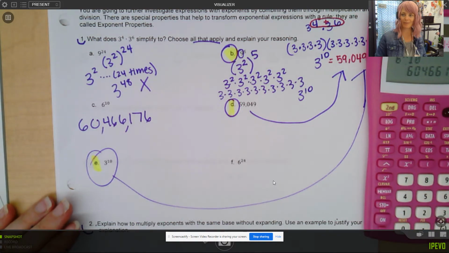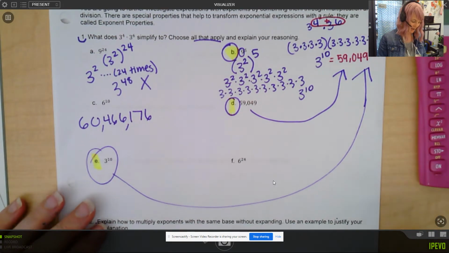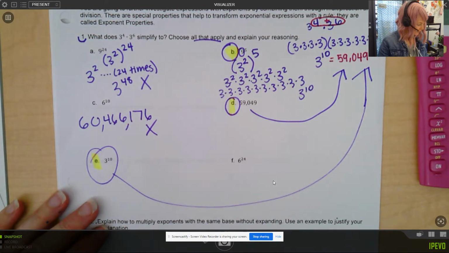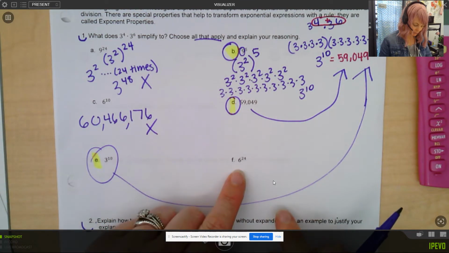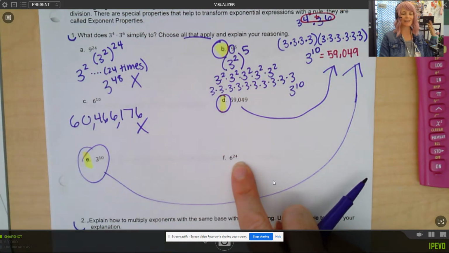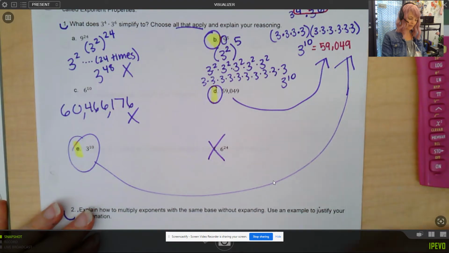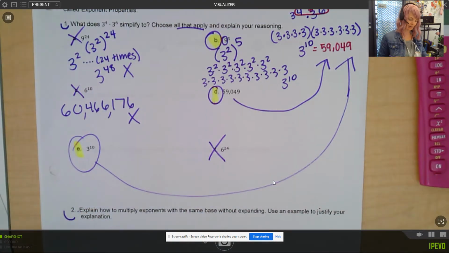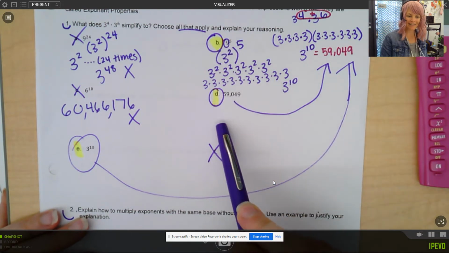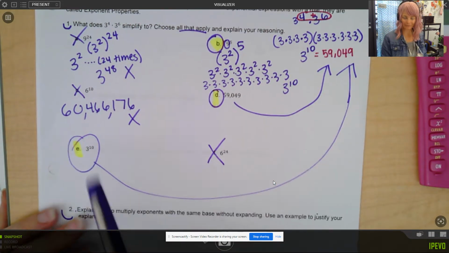Wouldn't mind for that to be my bank account right now, right? Okay, so obviously that is also not equivalent. And 6 to the 24th is even bigger, so obviously we are not going to pick those. So you should have picked B as in base, D as in denominator, and E as in exponent.